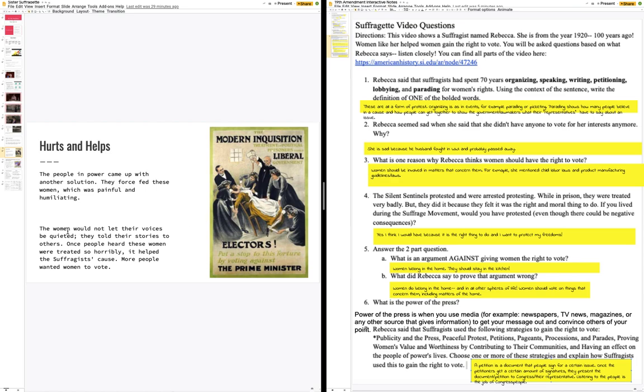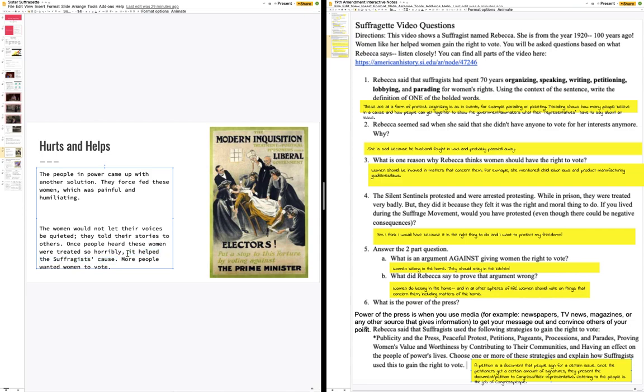So these women, once they got out of jail, and even before that, they would send writings to people. They wouldn't let their voices be quieted. They told their stories to others. Once people heard these women were treated so horribly, it actually ended up helping their cause.